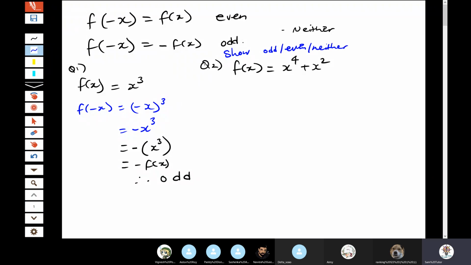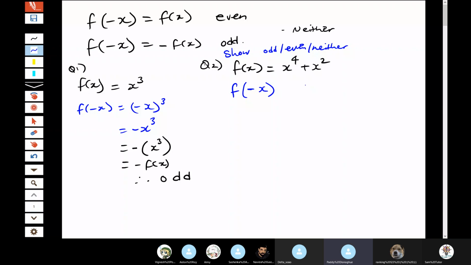I'm saying regardless, what's your very first f of? What are you trying to find f of? Negative x, okay. If it gives you even, even. If neither, you just say it's neither.